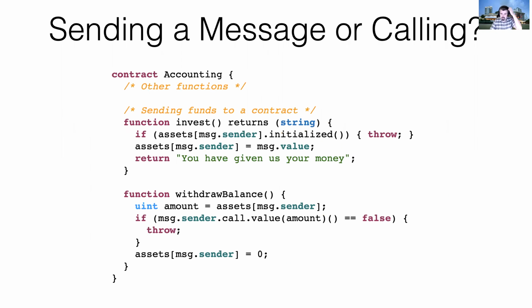So just to give you an example of how things can go wrong, here is a perfectly fine contract that implements accounting. And some of you who have not been under a rock in the last 5 years might have heard about this big exploit called the DAO, for decentralized autonomous organization, when a contract of a similar kind was providing essentially two functions, to invest and to withdraw the balance, plus some other logic.